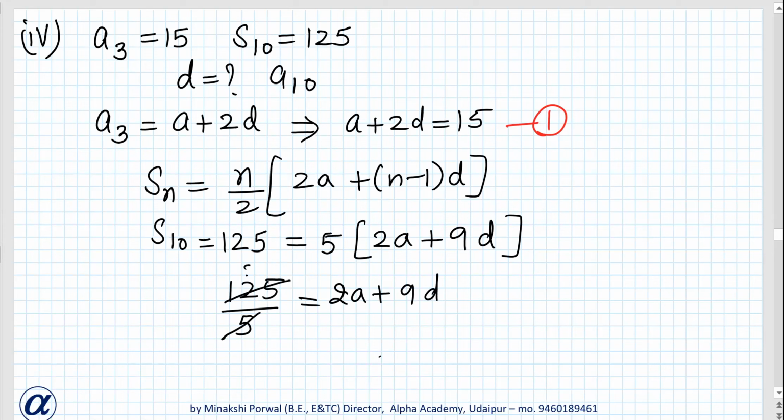So 2A plus 9D equals 25. Okay, so this is equation 2. Now we have to solve these two equations. I'm rewriting these equations. 2A plus 9D equals 25 and A plus 2D equals 15.